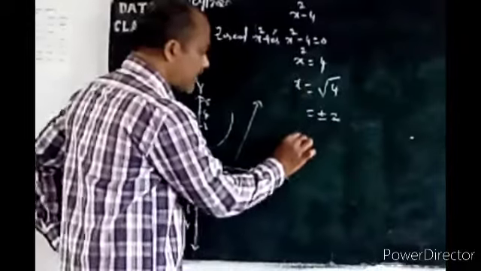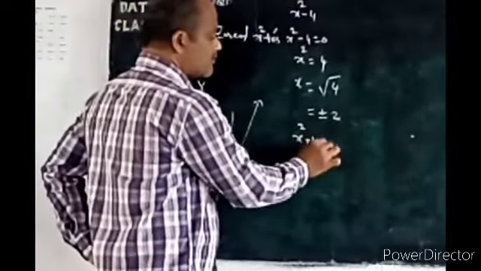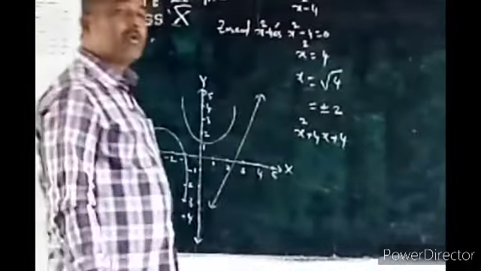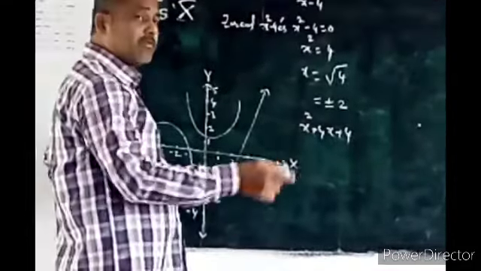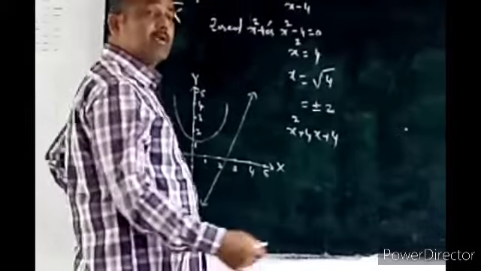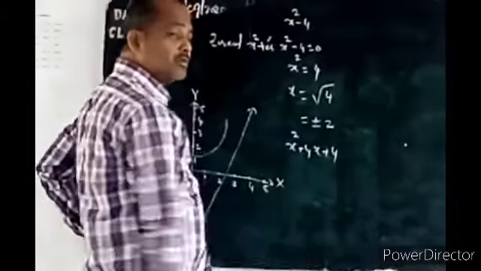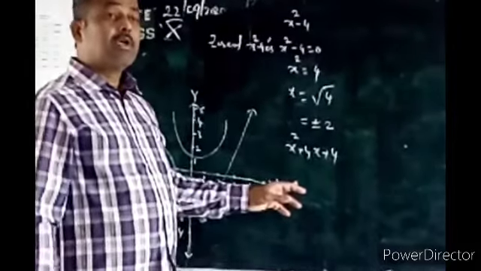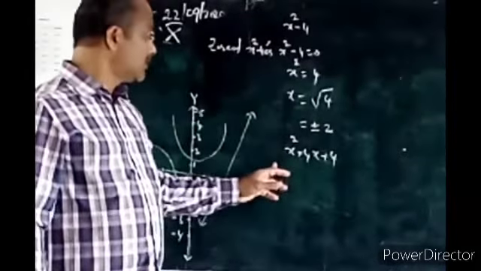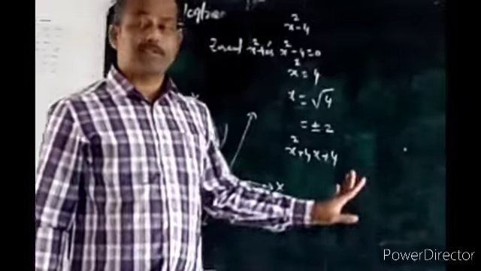Now take x square plus 4x plus 4. While substituting 1, 2, 3, 4 like that, when x is equal to minus 2 we substitute and it gives 0.